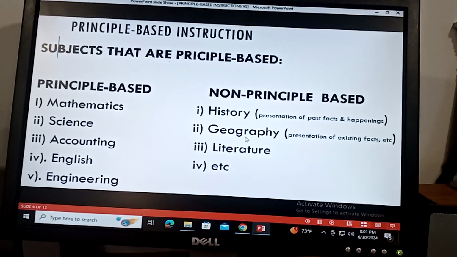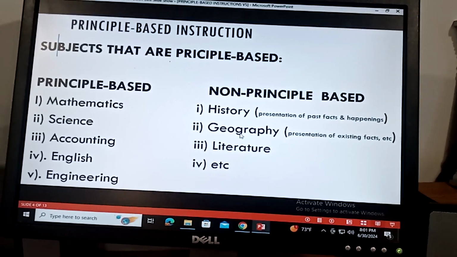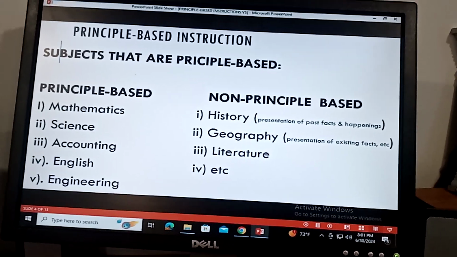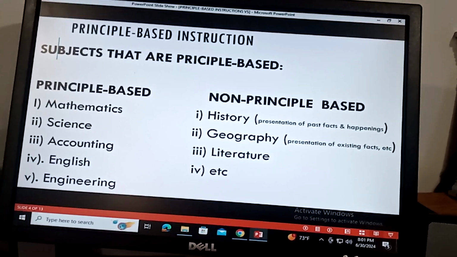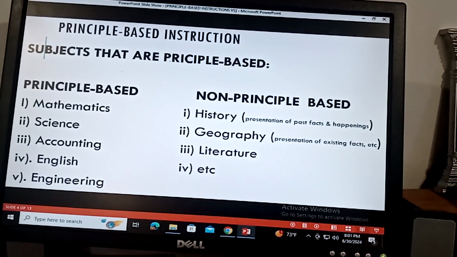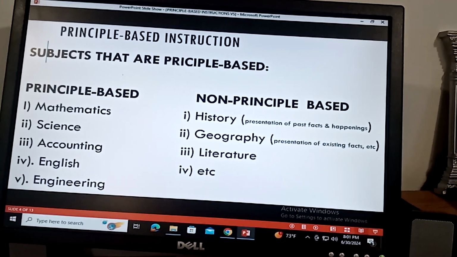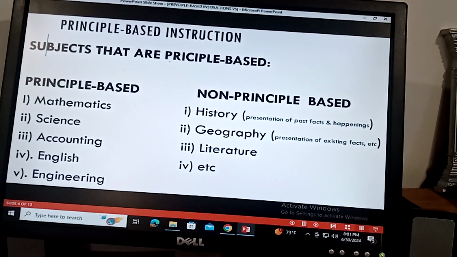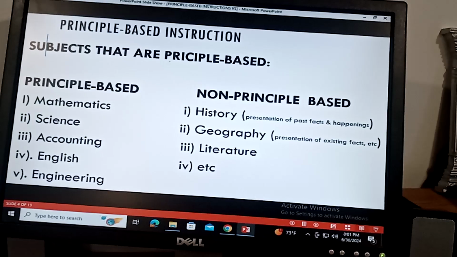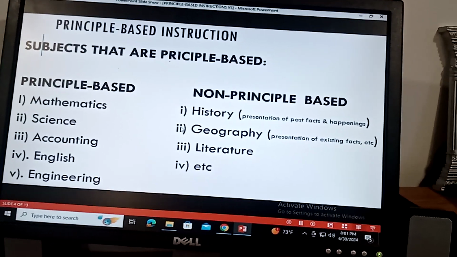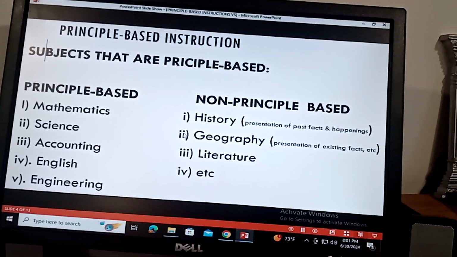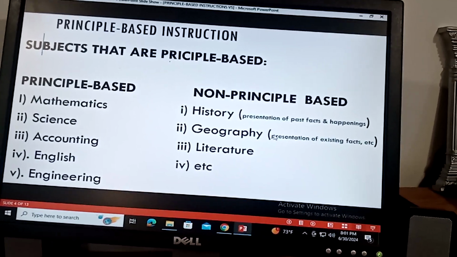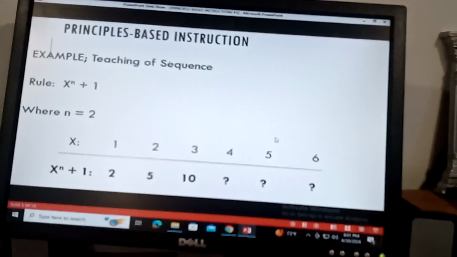Also, geography is non-principle based, because it deals with presentation of existing facts, etc. Literature is also one. Well, somebody can argue that they are also principle-based with their reasons. But for this class, these are the few examples of principle-based and non-principle-based subjects. Let's move further.